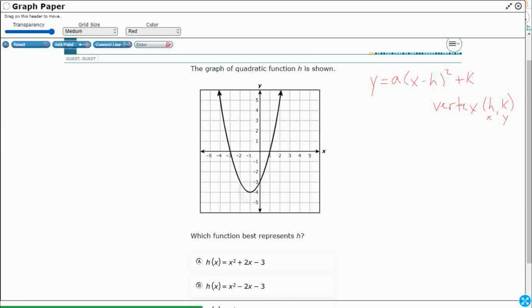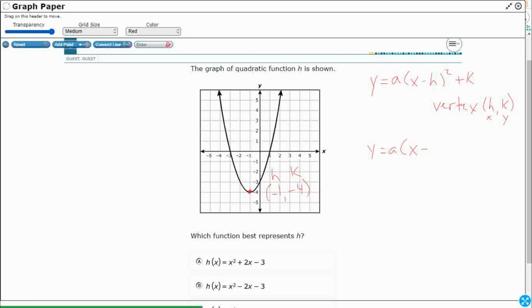So what is my vertex? Well, it looks pretty clear visually, and it's on some integers. So I've got an x of -1 and a y of -4, but remember, I can call that my h, and I can call that my k. So we can rewrite it like this: y equals a times x minus, and then what is my h?